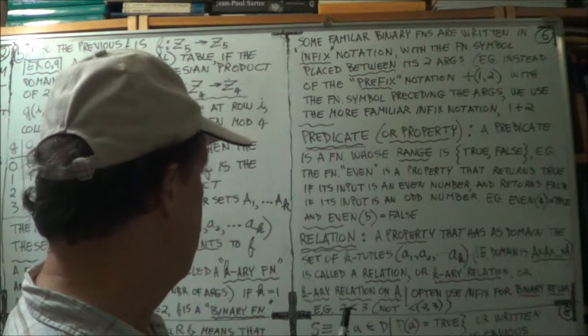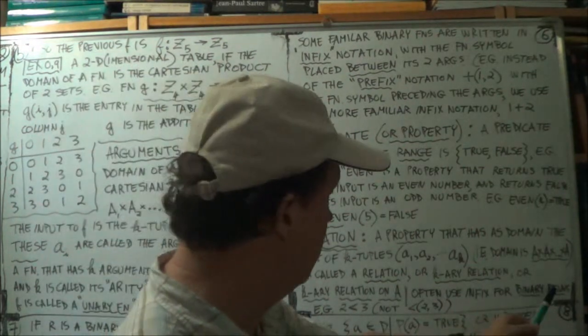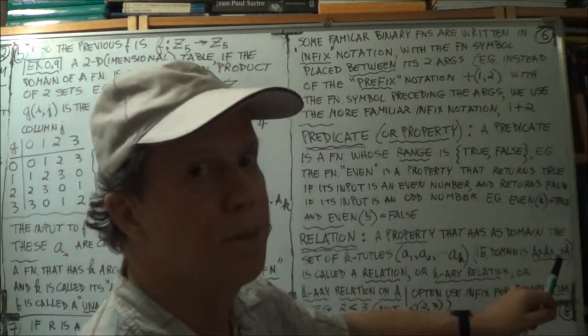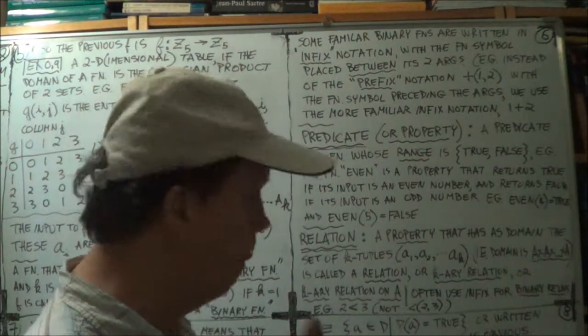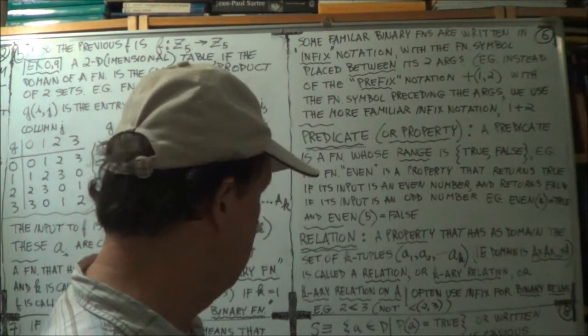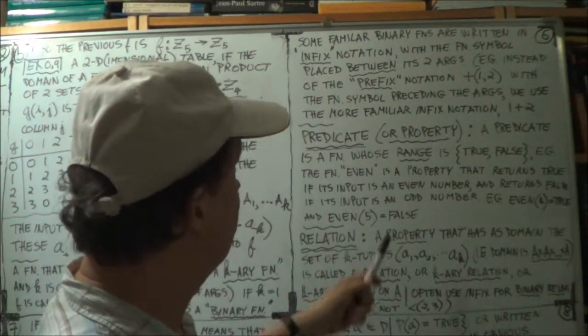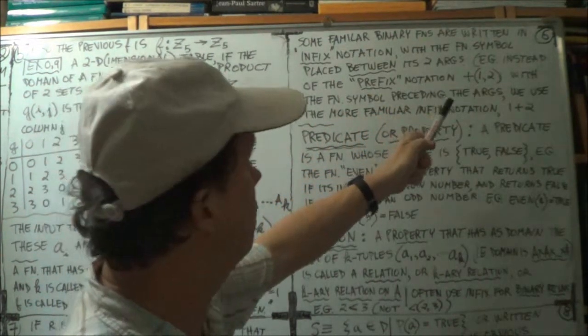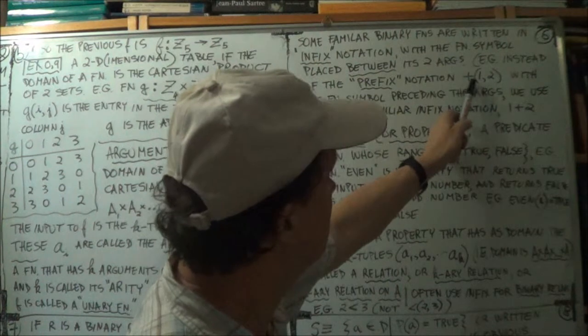Now, if you have a binary relation, in other words A cross A, that would be your domain. Then often you will not use the prefix notation. You won't write it like this, with the F here.